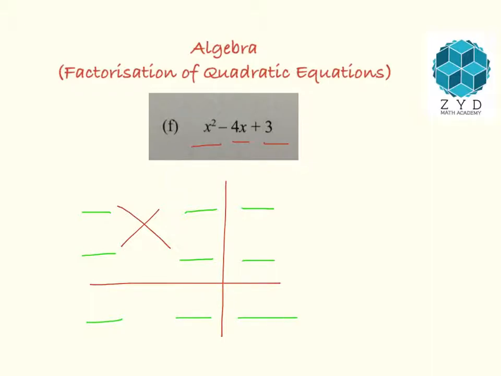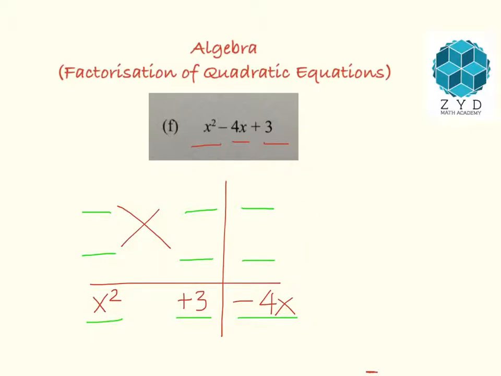The first 3 positions that we fill up are this one, which is x squared, followed by positive 3, and followed by minus 4x. These terms are obtained from this. This is the x squared, this is the plus 3 that goes here, and this minus 4x goes here.